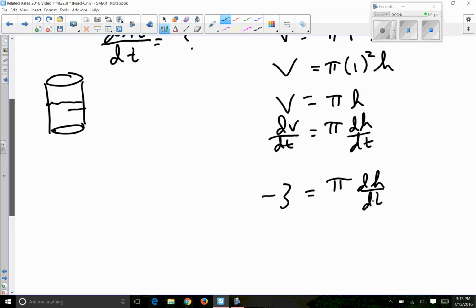And then solve for dh/dt. -3 over pi. Since h, that's the level of the water, is measured in meters, and t is measured in seconds, this number is -3 over pi meters per second.